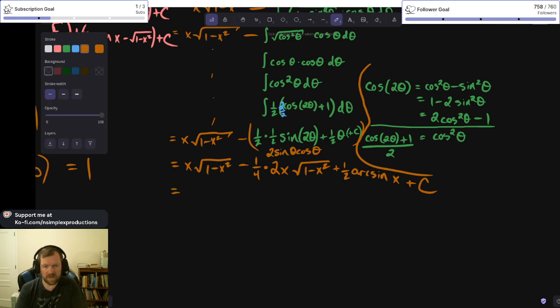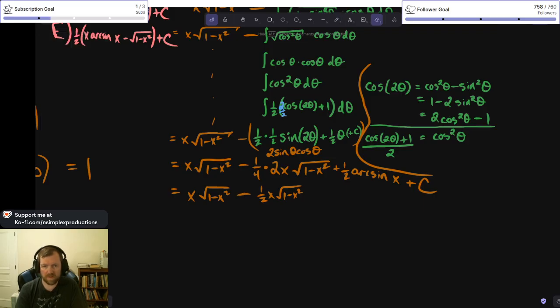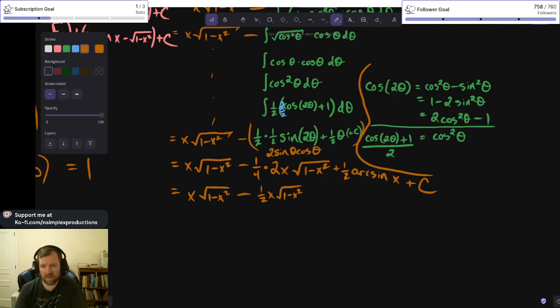Okay, so here, this is going to be a minus 1/2 x square root 1 minus x squared. This is going to be a plus 1 x times square root 1 minus x squared. One half arcsine x, and then all plus c.